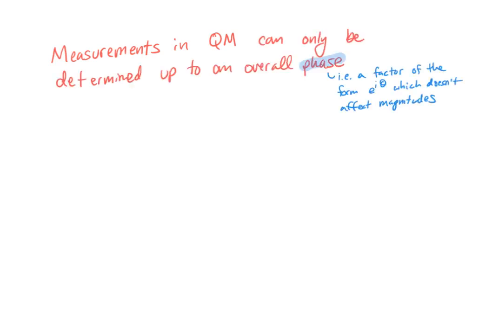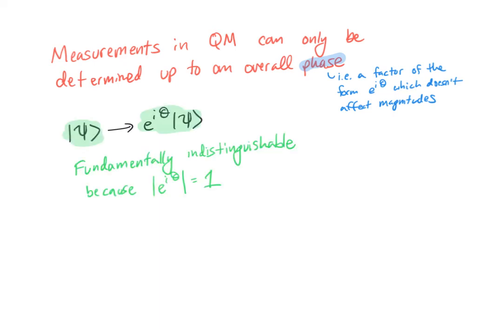I can take any state psi, multiply it by e to the i times any angle theta, and there will be no measurable differences between those states. And so this is simply a feature of our mathematical model of the system. Is it telling us anything physical about the system, that there are an infinite number of states that are indistinguishable to us? Or that maybe this is just simply a mathematical artifact?